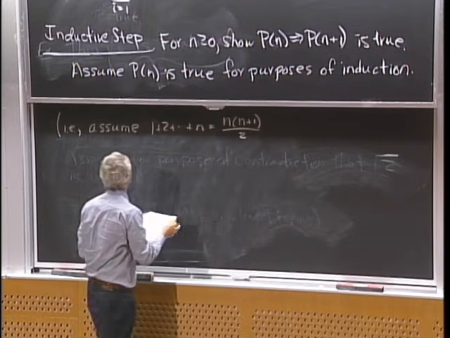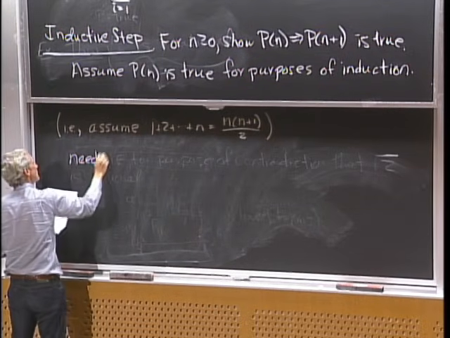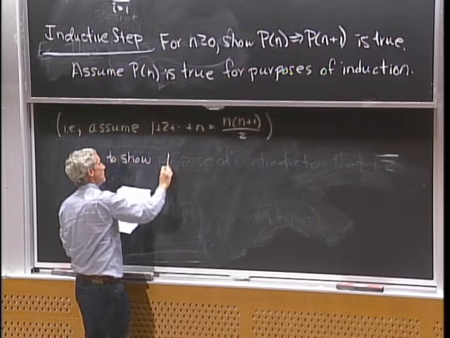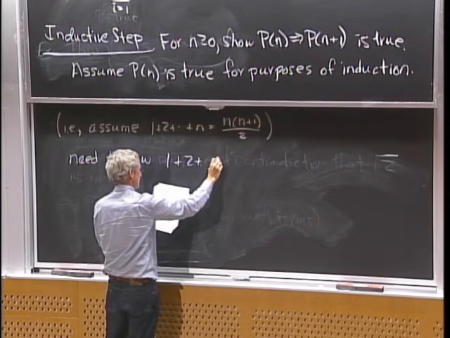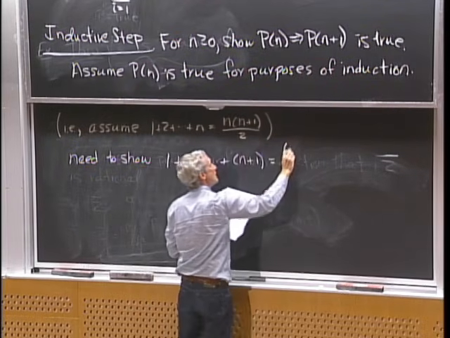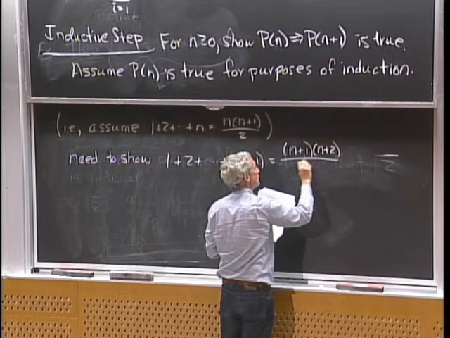And we need to show that the n plus 1 case is true, namely 1 plus 2 plus up to n plus 1 equals n plus 1 times n plus 2 over 2.